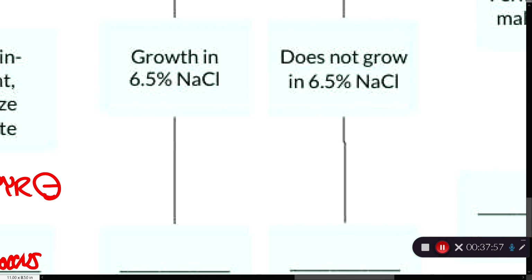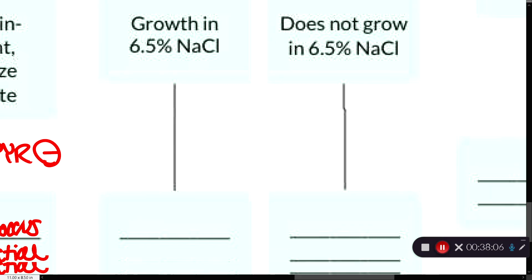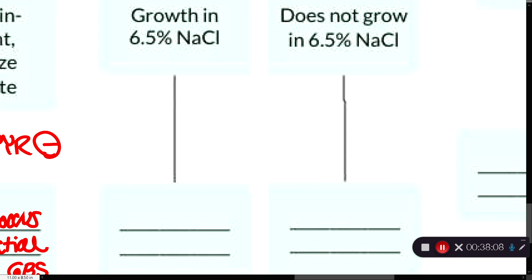So one of them will actually grow in a high salt condition, so growth in 6.5% NaCl, which makes sense if you think about where you find it, because it's going to involve members that are normal flora of your enteric tract.